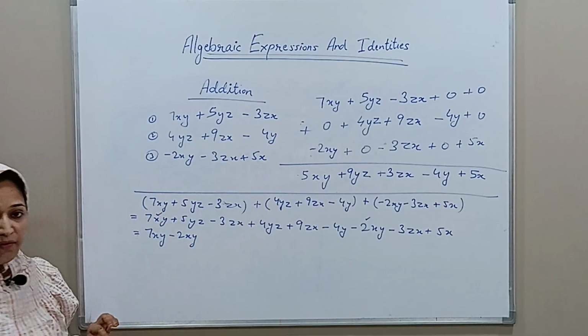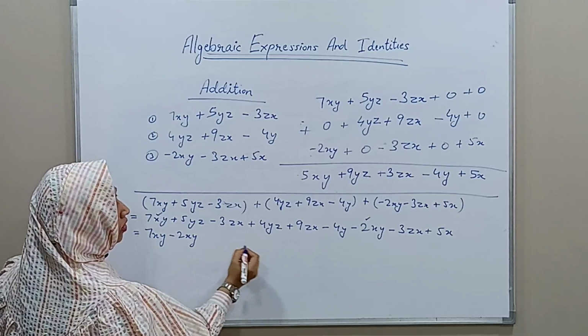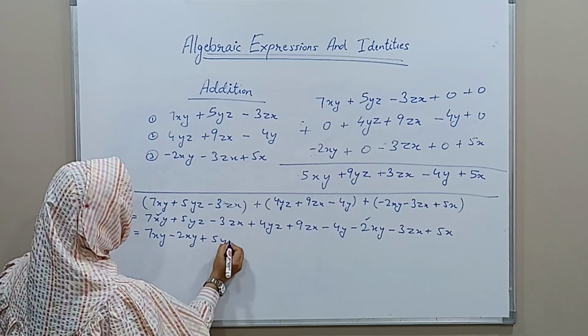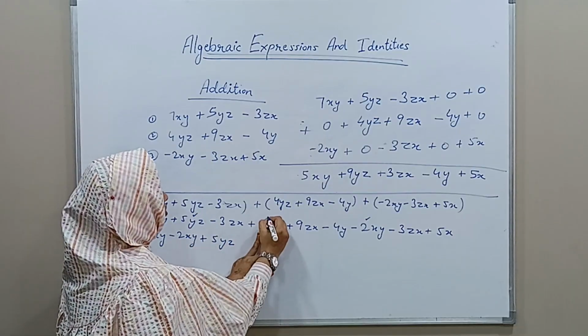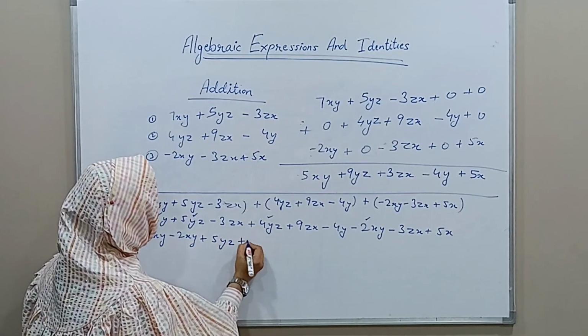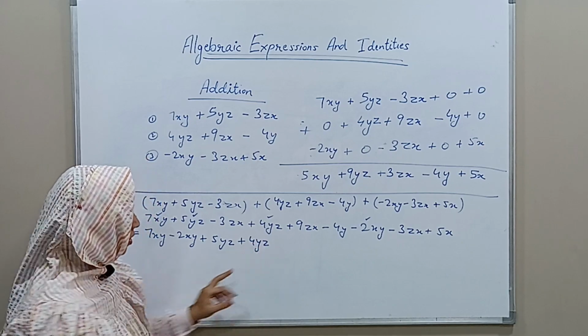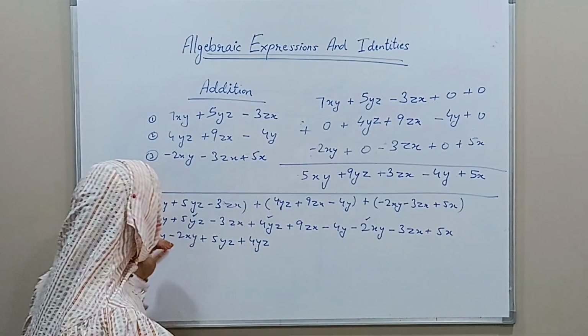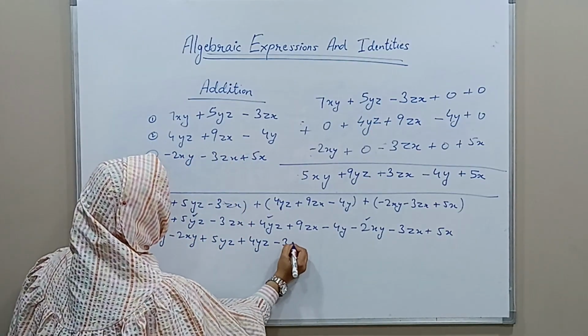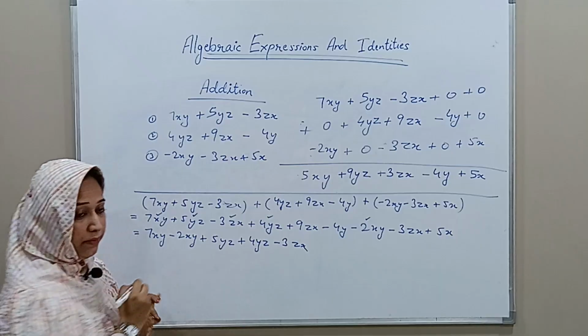These two terms we have already considered. Then we have plus 5yz. Now yz, this is also yz. So plus 4yz. And then we do not have any other term with the yz variable. Then minus 3zx, this one.